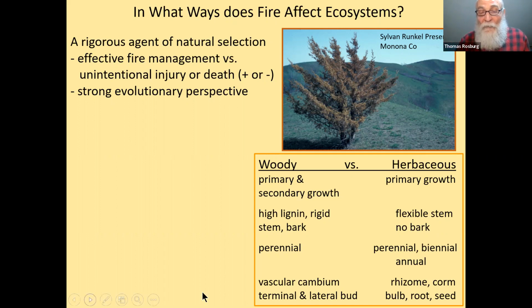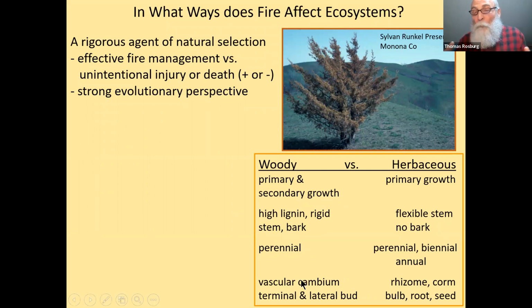Both of these things, especially these buds, are very much exposed to the heat of flames. This vascular cambium can be exposed to the heat of flames if there's not very thick bark. Trees such as bur oak, of course, and a few other species have the thicker bark, which helps to protect that, and also the phloem tissue.